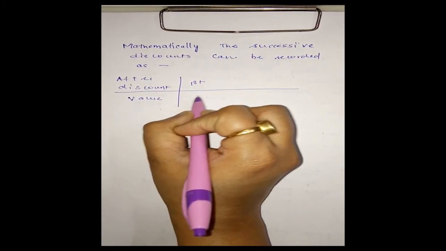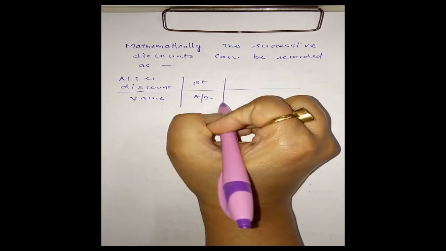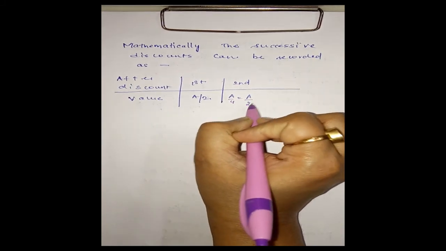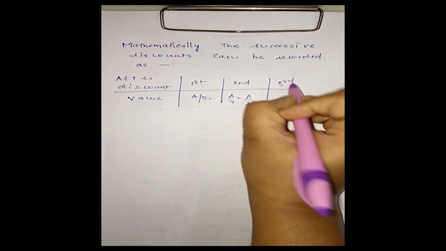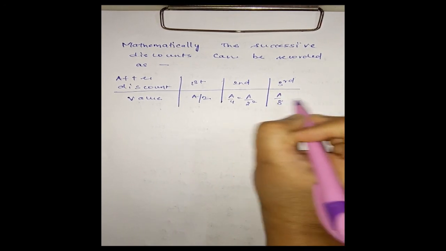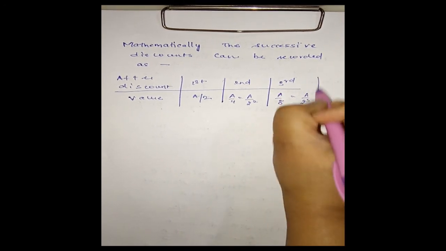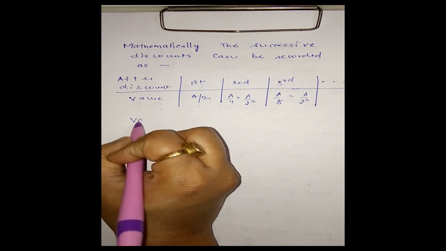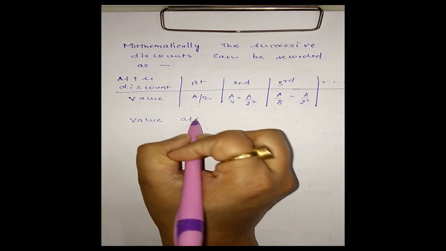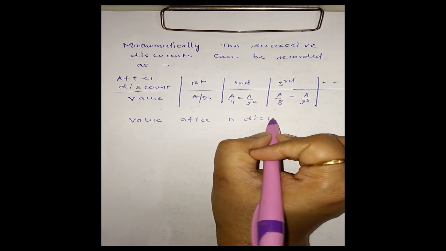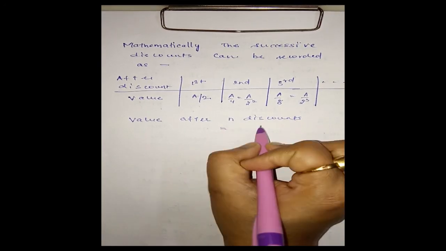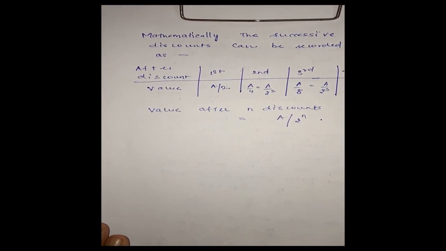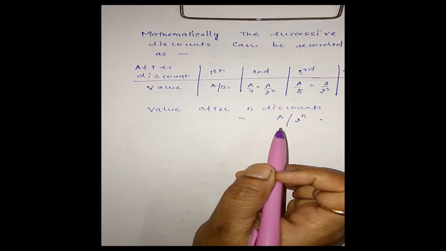After the first discount, the value is A by 2. After the second discount, this is A by 4, or A by 2 square. After the third discount, this is A by 8 or A by 2 cube. This is how successive discounts can be calculated. Then the value after n discounts will be given by A by 2 to the power n. This is how the price can be calculated after n number of discounts.